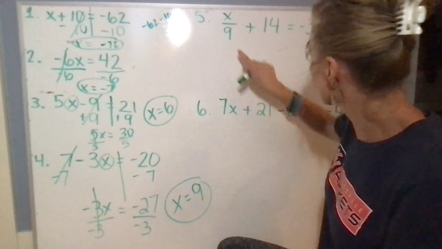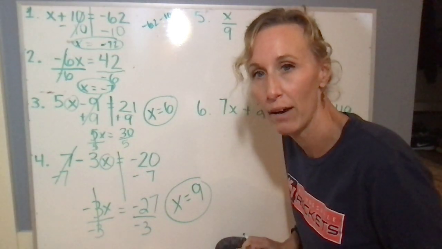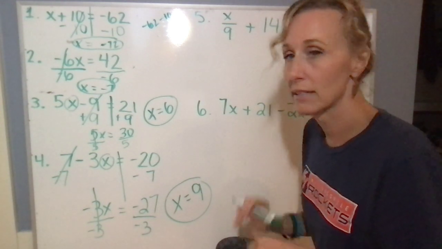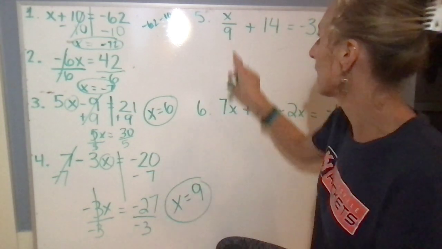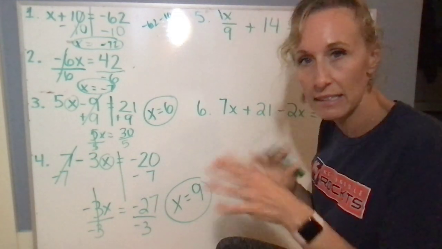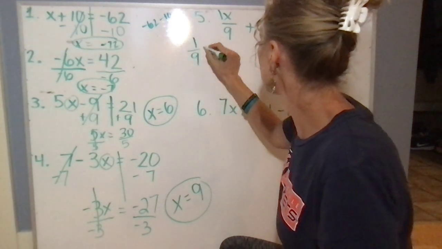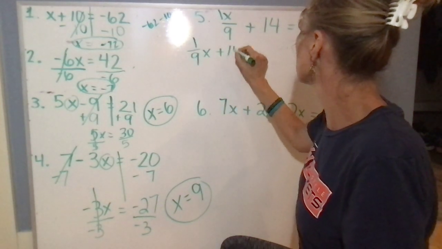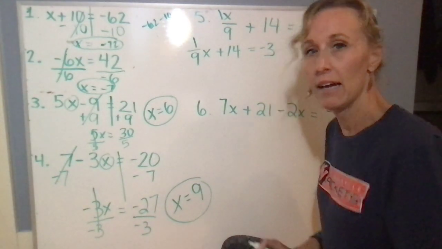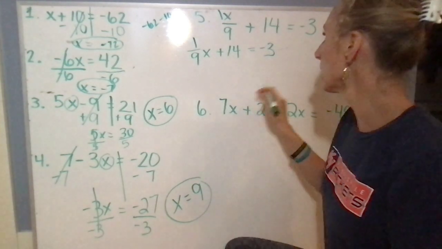Okay, the next one, now we got a fraction in there. And again, we started this before I left, right? So in a fraction, one of the best ways so that you always do the same thing is to put that hiding 1 in front of the x and then take it out. So this is really 1 over 9x plus 14 equals negative 3, like that, okay? And so now we're going to do the equation as we learned it before.